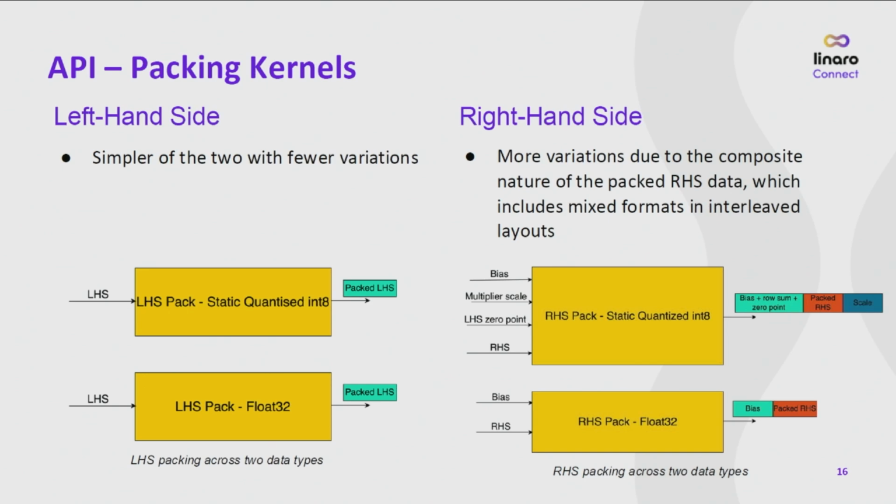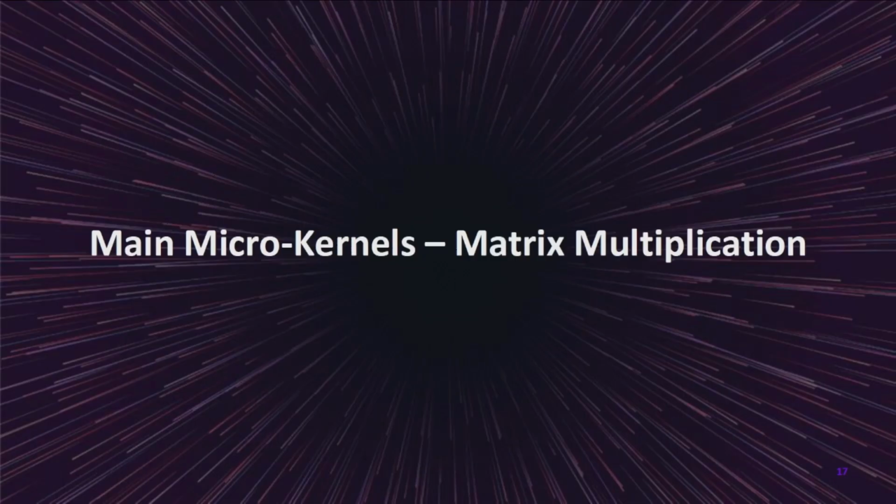So for now there is a limitation: some frameworks which can't handle that won't be able to integrate KleidiAI easily. And that's about the API. I think that concludes the packing section.